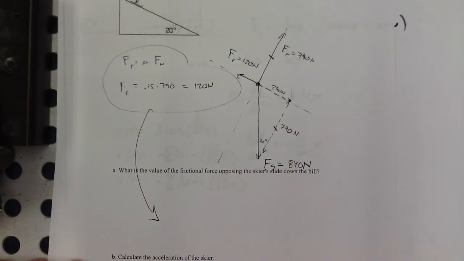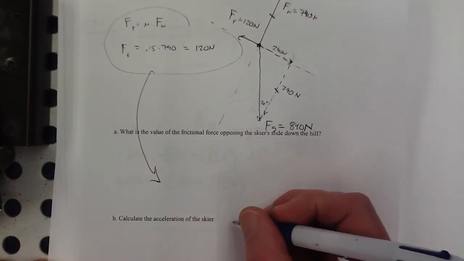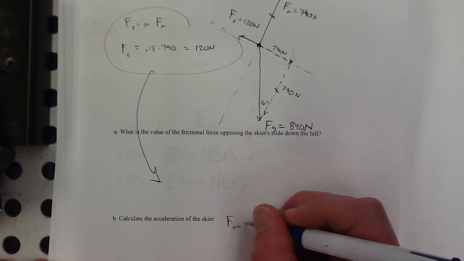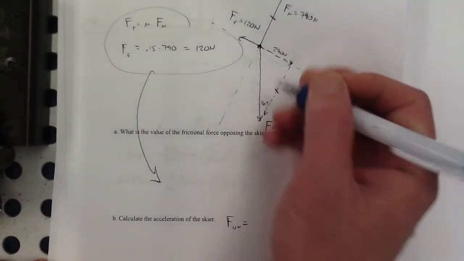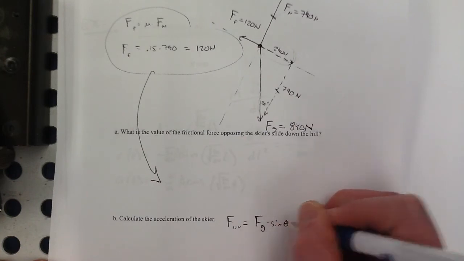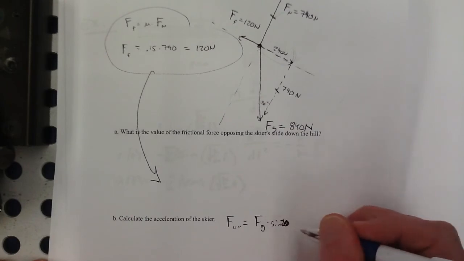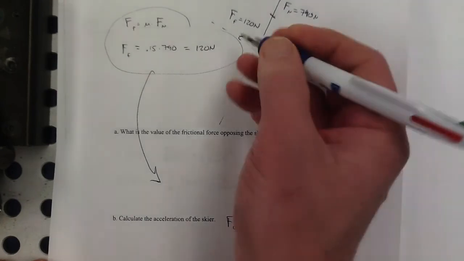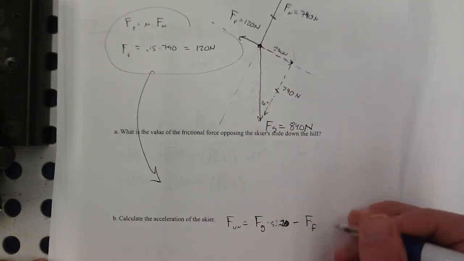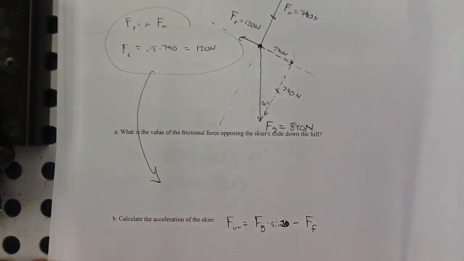There it is. And then what's the acceleration of the skier? Well, the unbalanced force on the skier is equal to the force of gravity, but just the sine part of it, the sine 20 there, minus the force of friction. This is winning, this is losing. These are balancing.